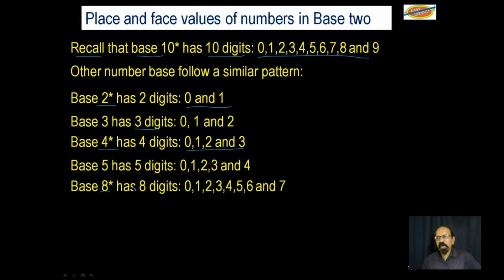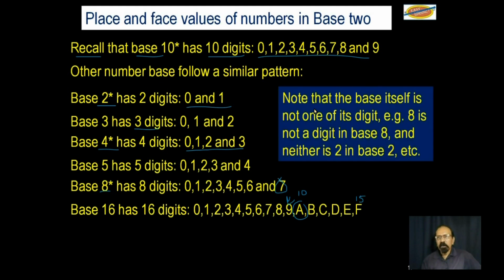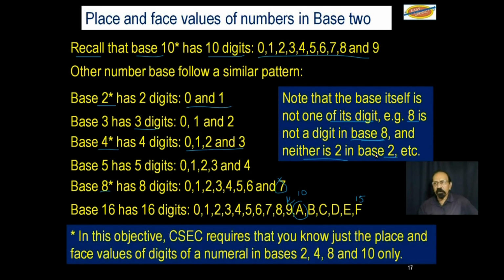Base 8 has 8 digits, up to 7. Base 16 has 16 digits. Once you reach 9, A will represent 10 and so on, so that F will represent 15. Note that the base itself is not one of the digits. 8 is not a digit in base 8, and neither is 2 in base 2.